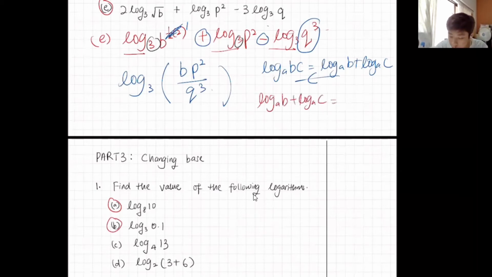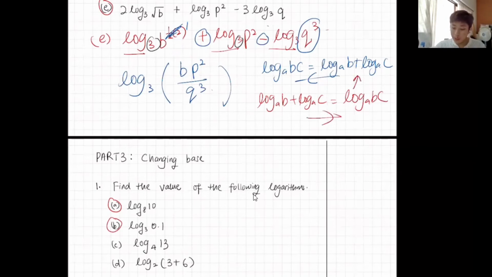You make sure there's no number in front and you make sure it's the same base. Then you see what is the sign in front of each term. In front of C is plus. In front of B is also plus, but my B is not important. So in front of C is plus, so you times B and C. It becomes log base A of BC. That is why this is the opposite direction of this one.